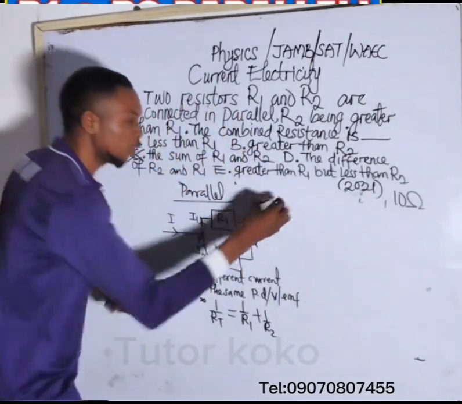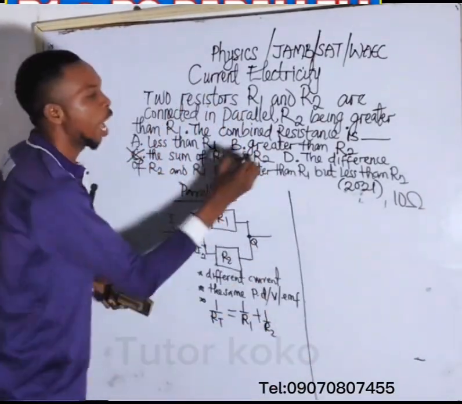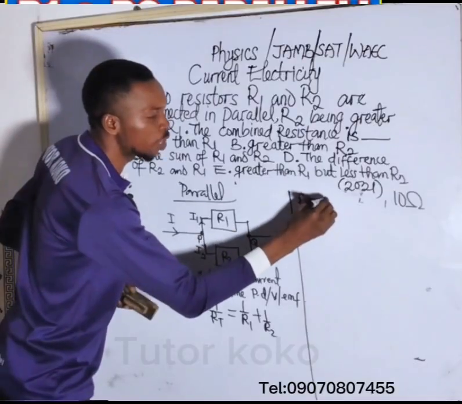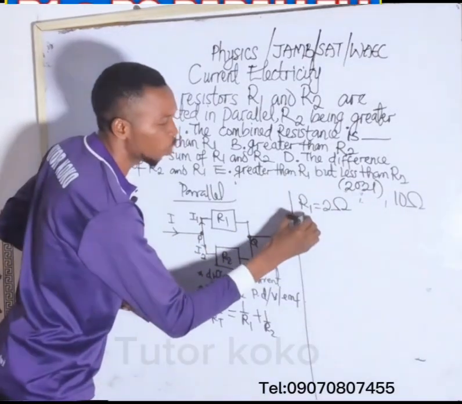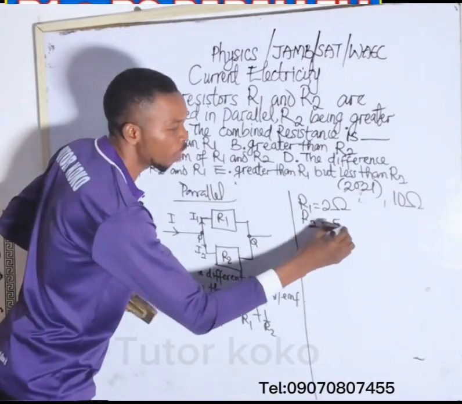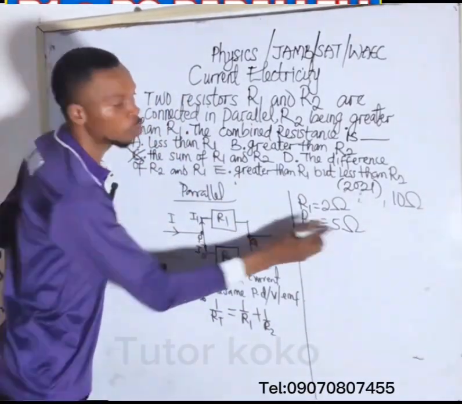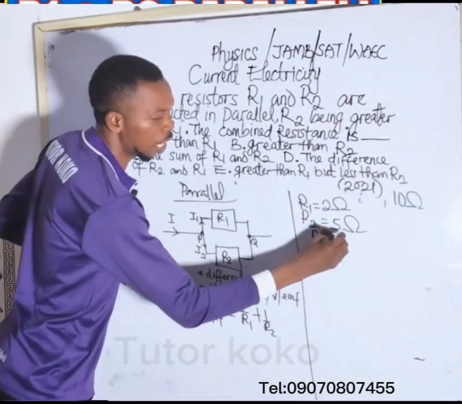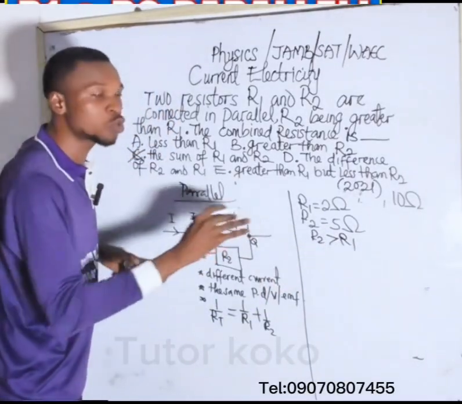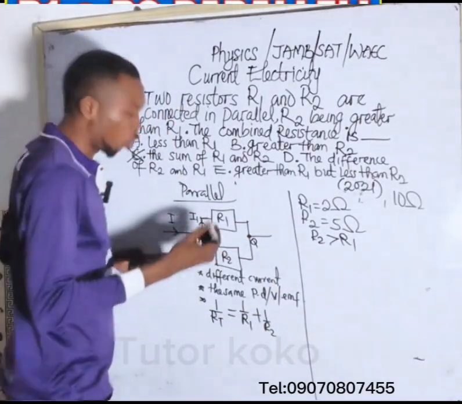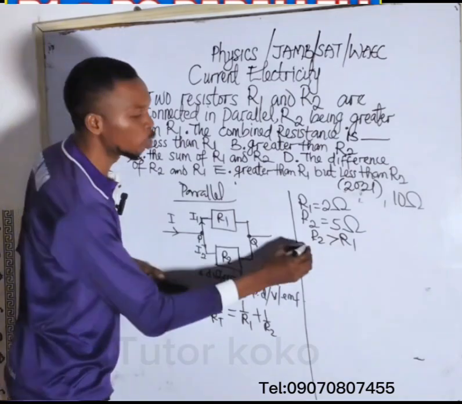Now, let's solve this question. I'm going to assume that R1 is 2 ohms as well as R2 to be what? 5 ohms. You can use any figure of your choice, but ensure that R2 is greater than R1. All right, what is next? I'm going to combine them together.